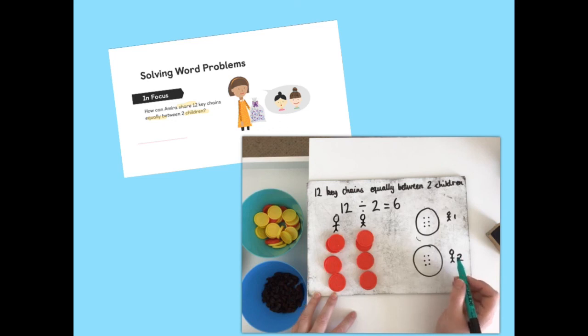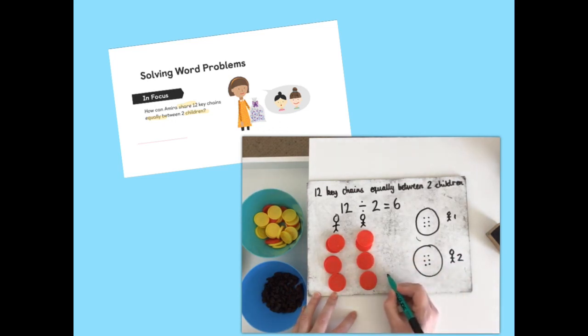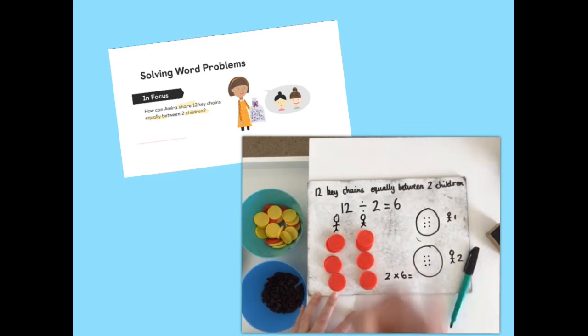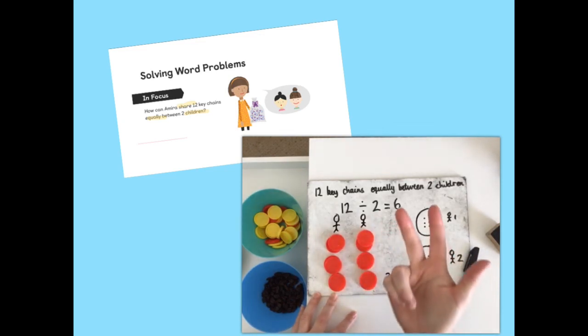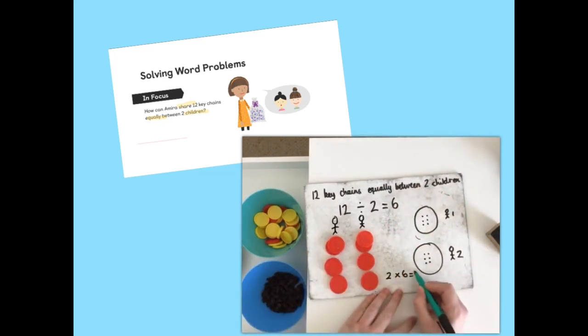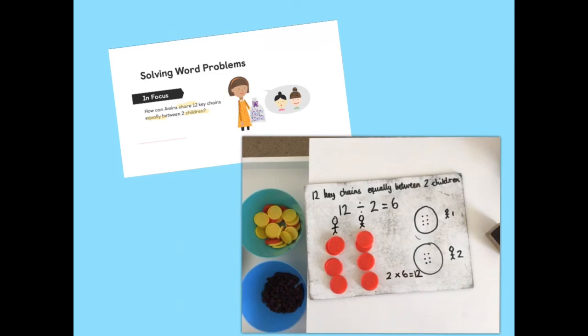And I can still even do the inverse, my multiplication, to check. So I'm going to try 2 lots of 6, 2 times 6 equals, and I'm going to check counting in 2s. 2, 4, 6, 8, 10, 12. So I know that I've got the right answer.